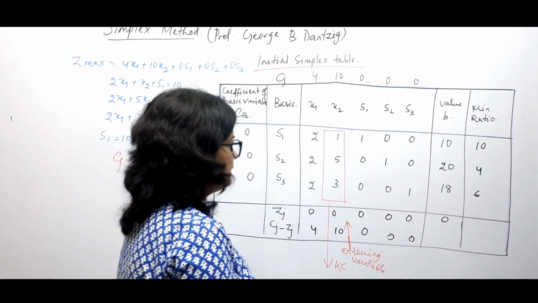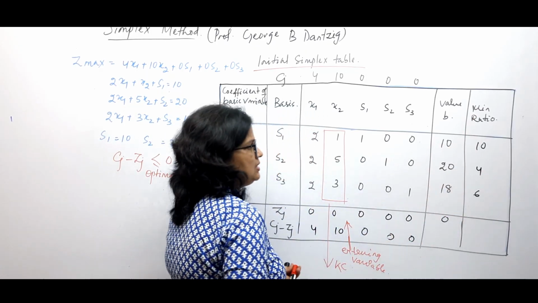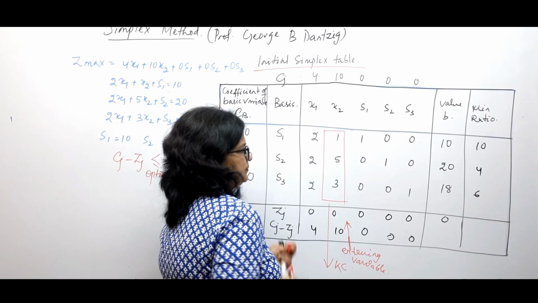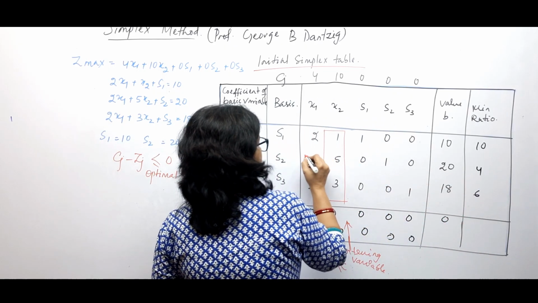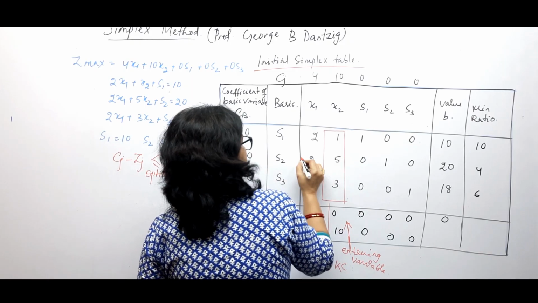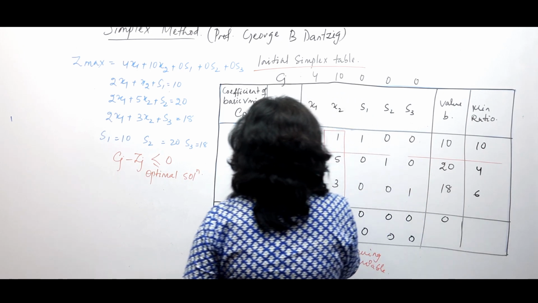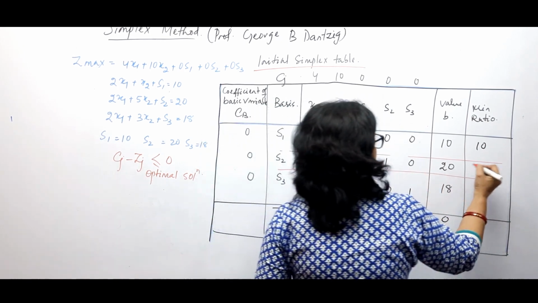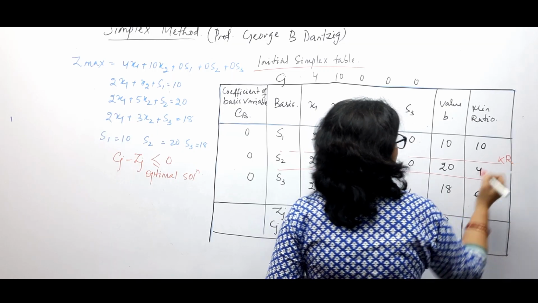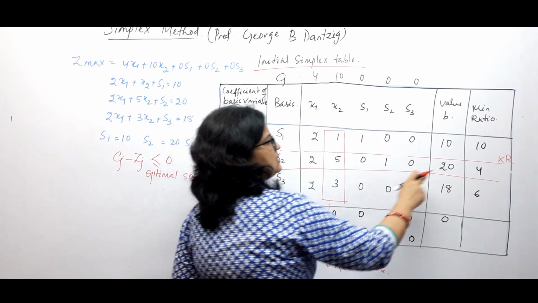So what is next? We have to see the minimum ratio here. If you see, the minimum is 4. So this row is called the key row. This is the key column and this is the key row.